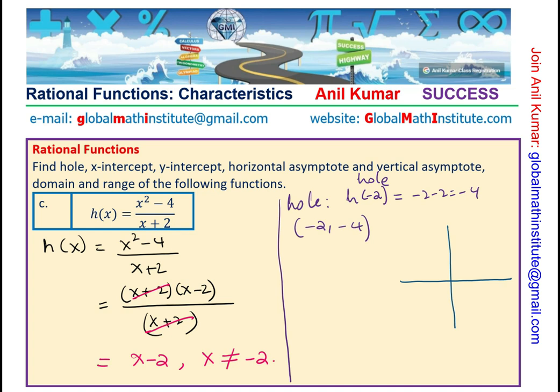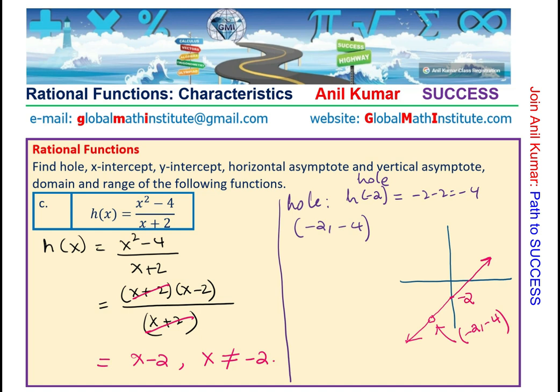So x equals minus 2, the y value of minus 2 is here, and so the graph actually goes like this. Makes sense, right? So this is minus 2, the y-intercept, and this is our hole, which is at x equals minus 2, the value is minus 4, correct?